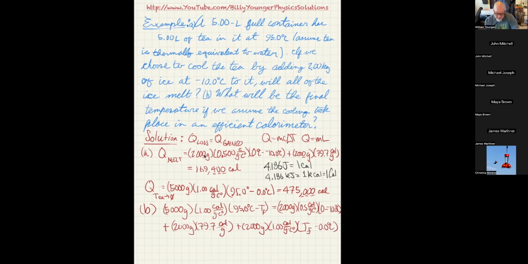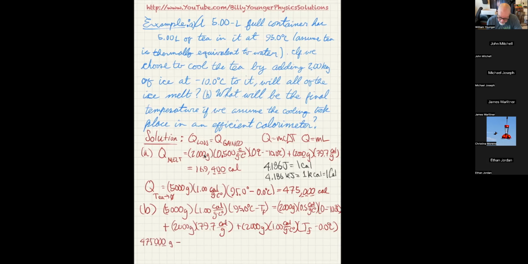Now, 5,000 times 1 times 95 is going to be 475,000, which we already figured out. So 475,000 calories. That's the first term on the left-hand side.